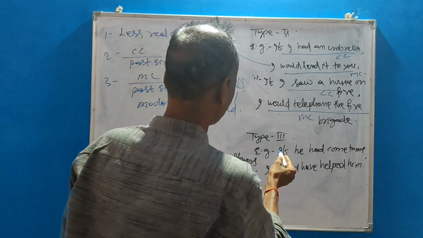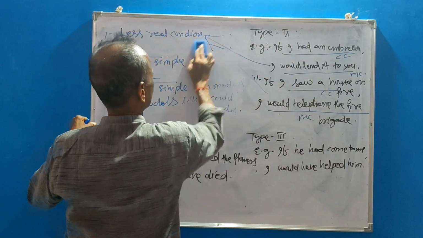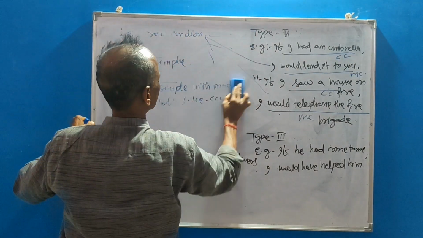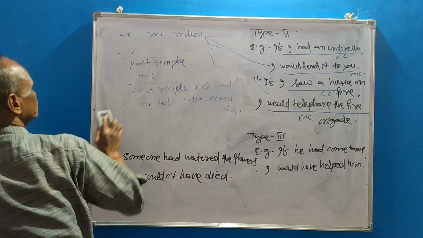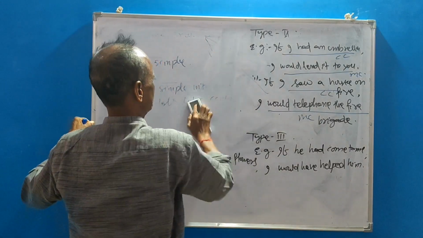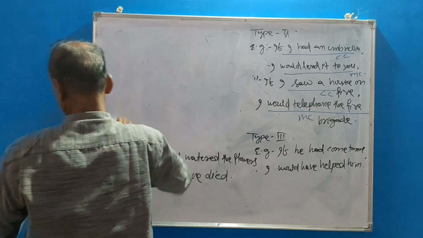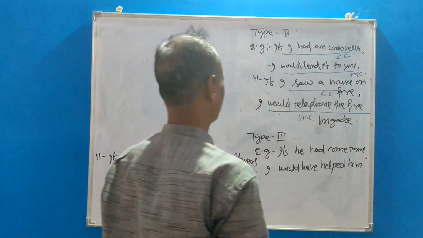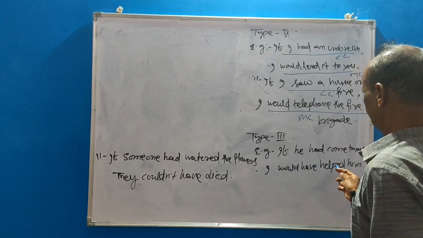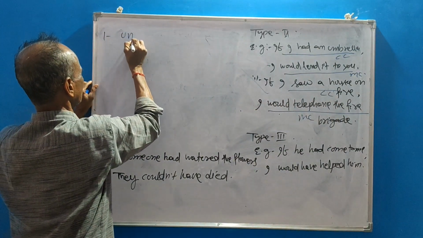Then comes type 3. Type 3 conditional clause. Okay. That is, it refers to an unreal condition.